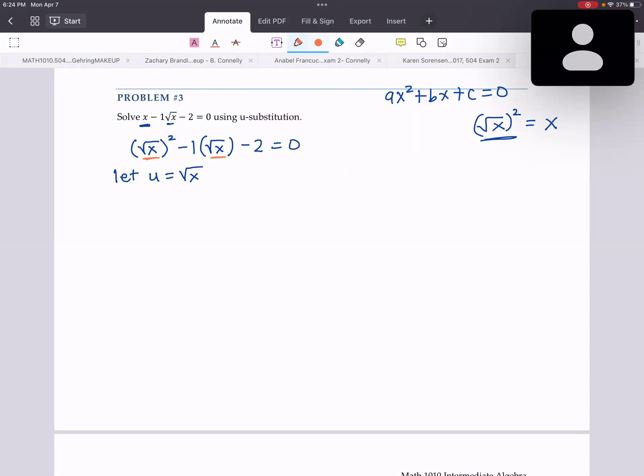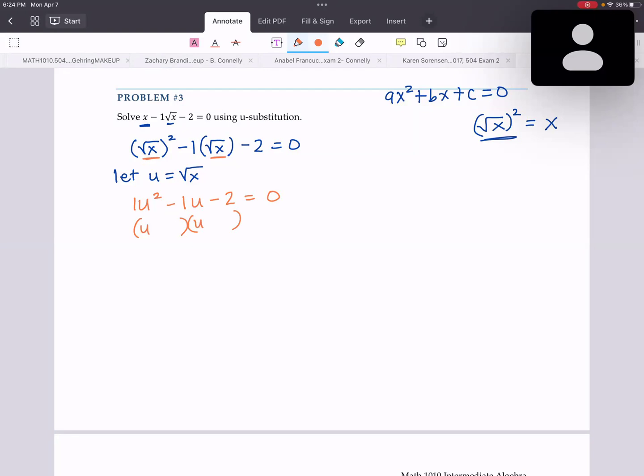So let's put u in place now. So I've got u squared minus 1u minus 2 equals 0. Well, we go straight to factoring because the leading coefficient there is a 1. So u times u is u squared.